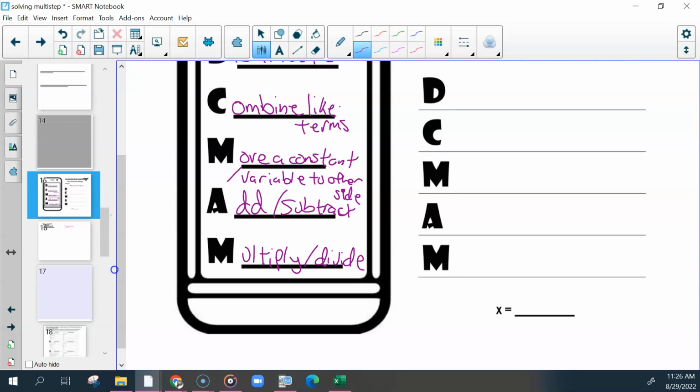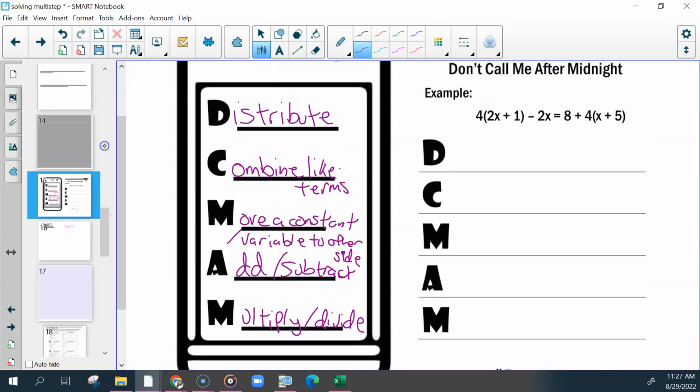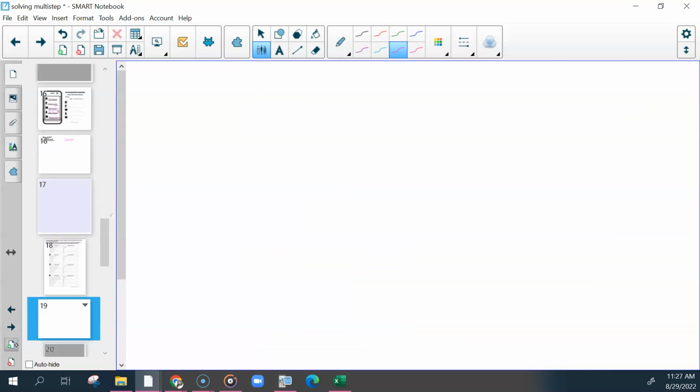So similar steps to just solving in general, but we may need to move things more than once. If you need a way to remember this: don't call me after midnight. Distribute, combine the terms, move, add or subtract, and then divide.